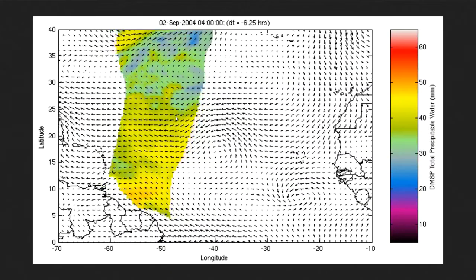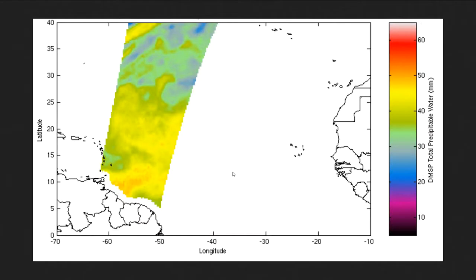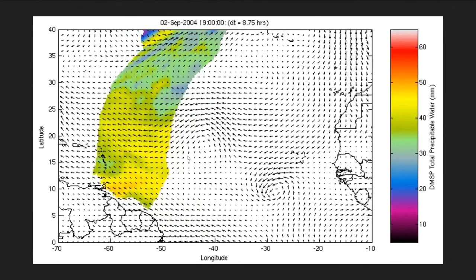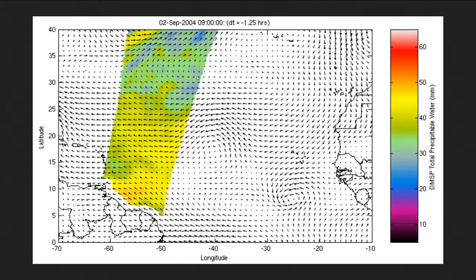Even the morphing can cause problems. For example, this is the shape of the swath. You'll notice that the lines here are curved according to the curvature of the Earth and the field of view of the spacecraft. But as soon as you try to accommodate the passage of time by morphing this according to the wind fields and how they're blowing the moisture around, you can get these really odd, wonky shapes like this.